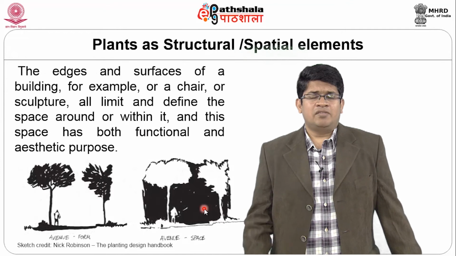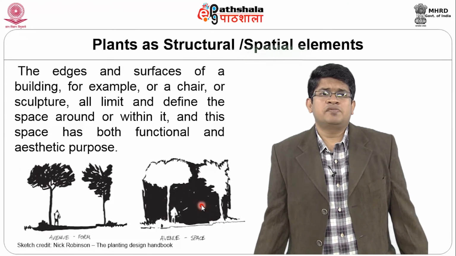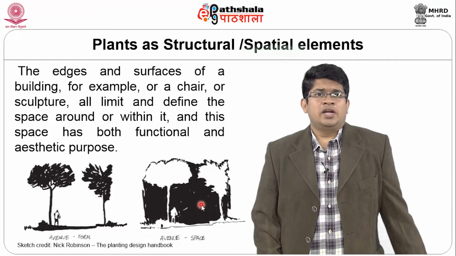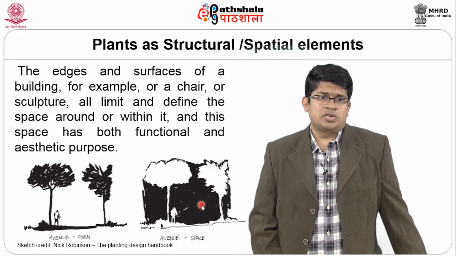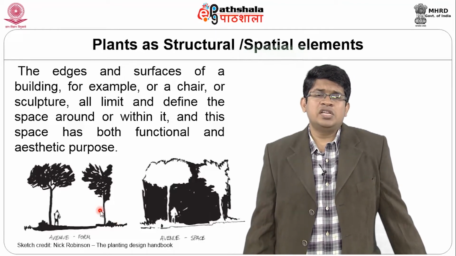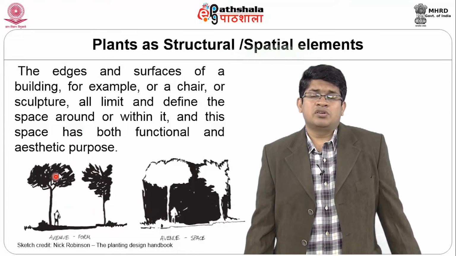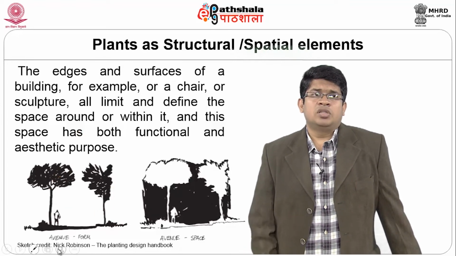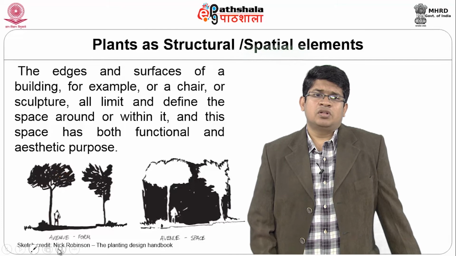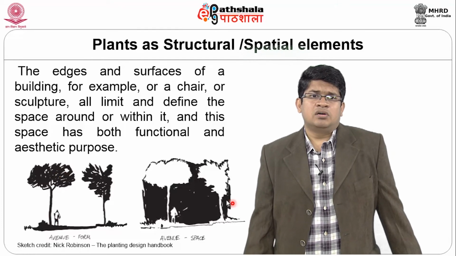Considering a particular avenue, where there is more than one element, or maybe one or two trees, an avenue being a series of trees lined on either side, they also create a particular kind of form to the structure, as well as a space below it.